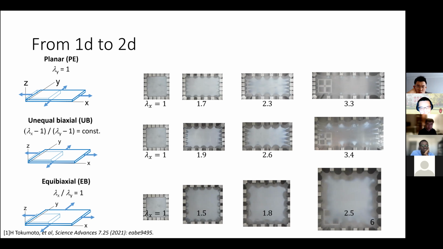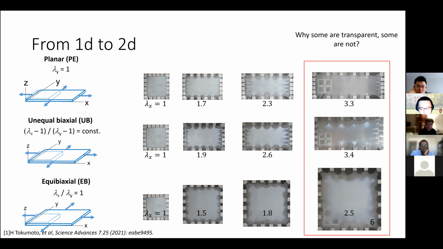But we soon notice that while the sheets all start from opaque, the end points are clearly not the same. The first two become transparent, but the last one, while you are stretching it to an even larger area, is still opaque. So there are some interesting phenomena, but let's set that aside and take it into our next discussion.